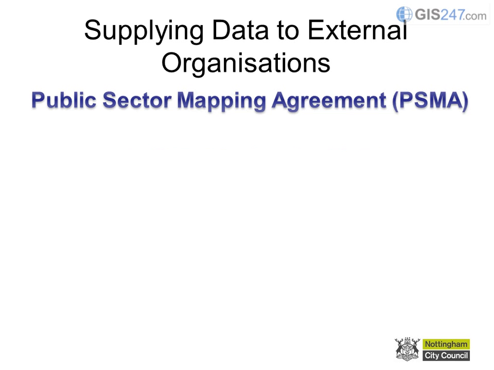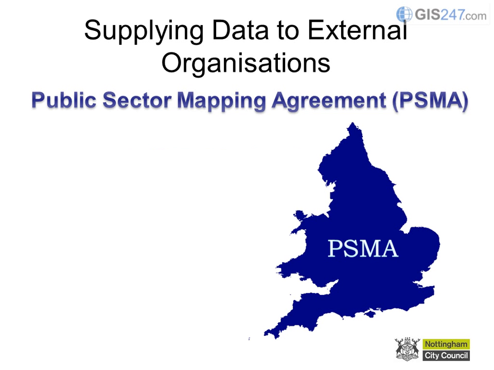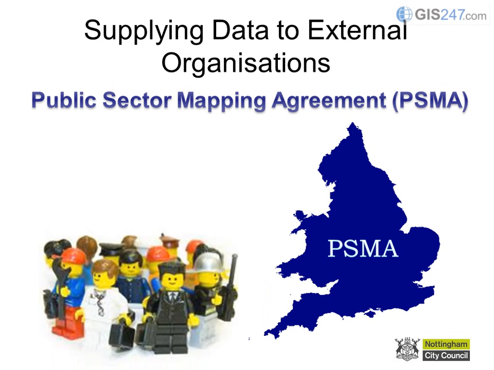The PSMA means that all public sector organisations within England and Wales have access to the same core Ordnance Survey and addressing products under the same terms, all free at the point of use. The aim of the PSMA is to facilitate data sharing between public organisations.